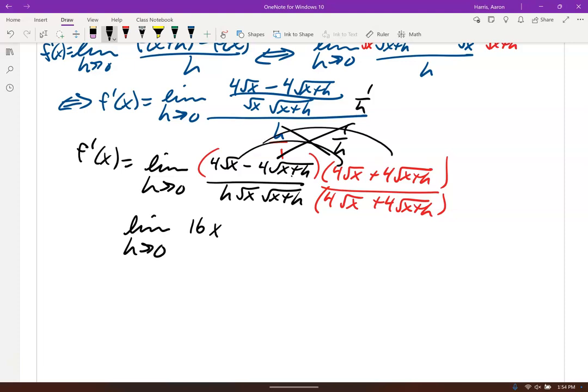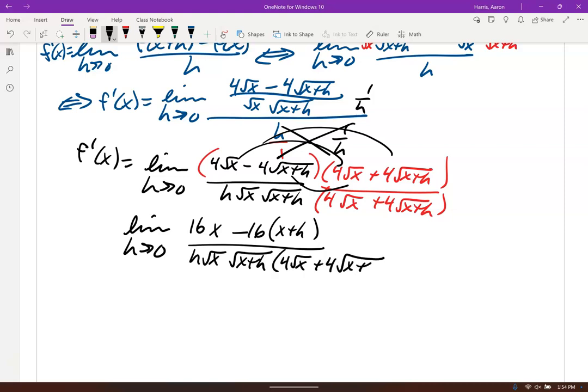The outer and the inner will cancel, and you'll be left with minus 16 square root of x plus h squared, and square root of x plus h squared is just an x plus h. Well, 16x minus 16x minus 16h just leaves us with our minus 16h.